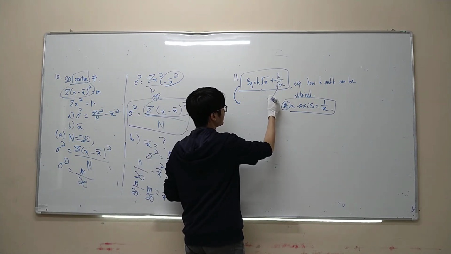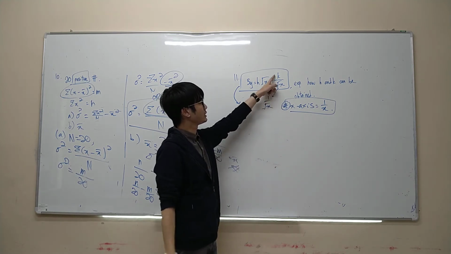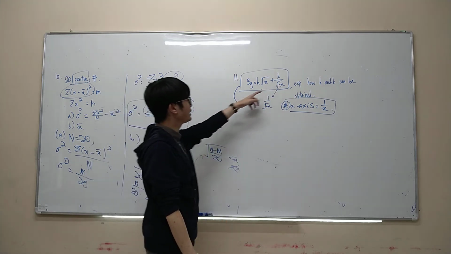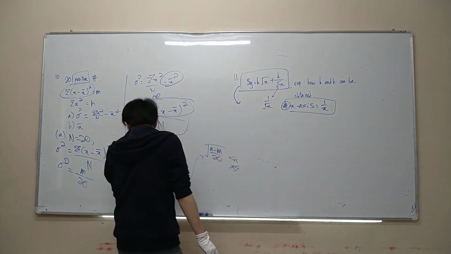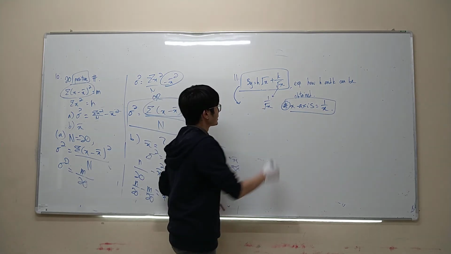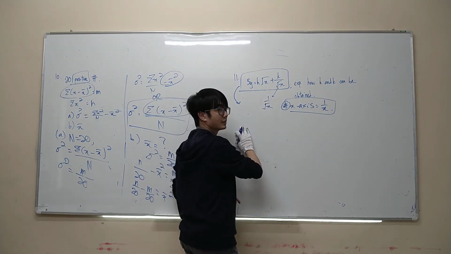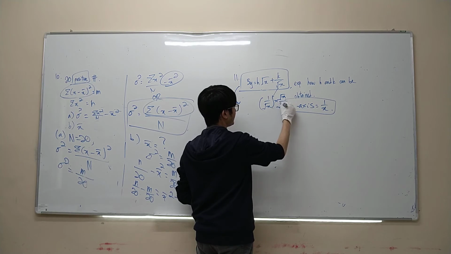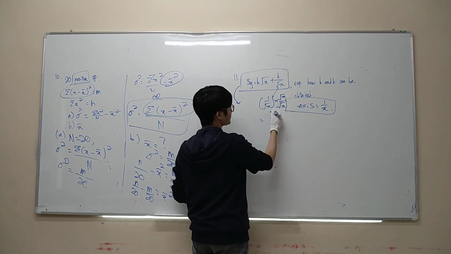K square root x. Square root x macam mana nak? It's actually 1 over square root x. Because if you tengok carefully, is the square root x. Square root x ada kat bawah. 1 over square root x macam mana nak jadi 1 over x? Just darab dengan square root x. Betul?